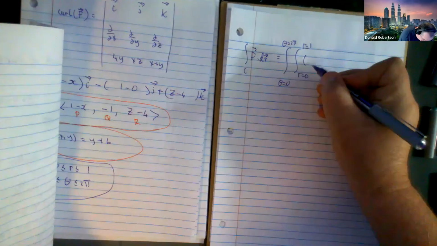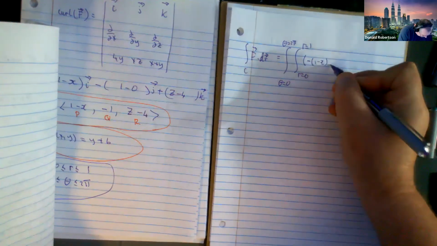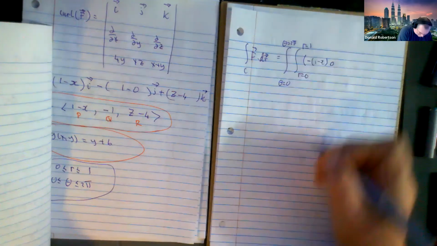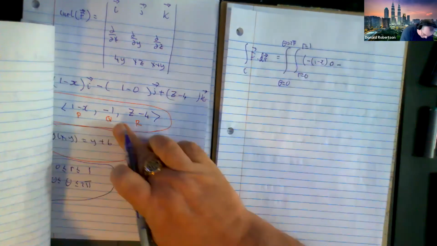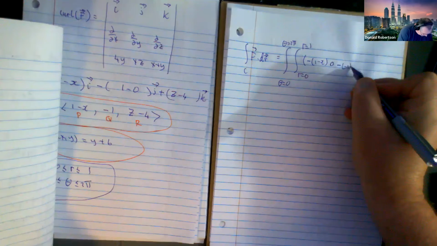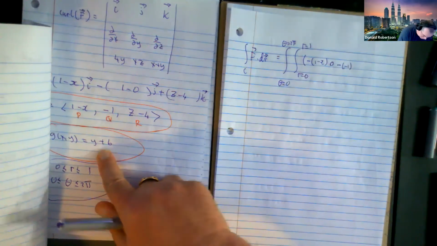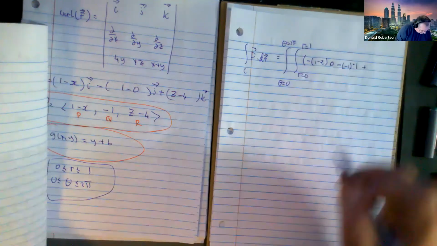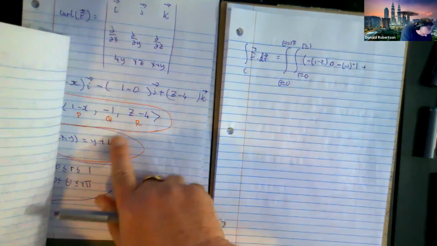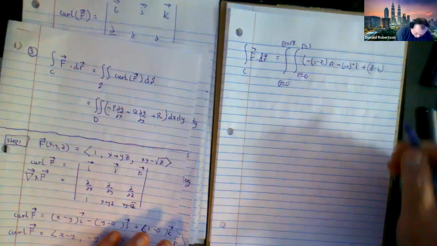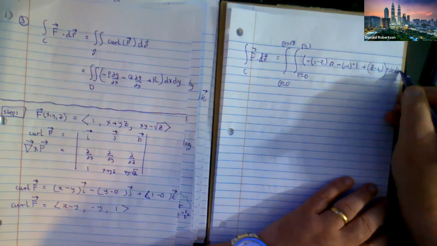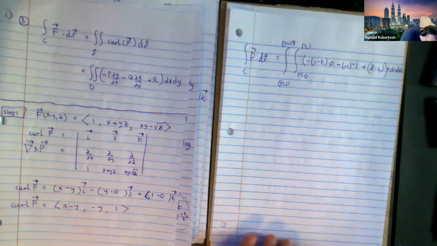You stick in negative, a 1 minus x, and then you differentiate this guy with respect to x, which gets you a 0. That's good. Then you take negative this guy, which is negative 1. And you differentiate this guy with respect to y, you get times 1. And then you add r, and r is this guy, z take away 4. And since we are in polar, I'll at least call that r dr d theta.